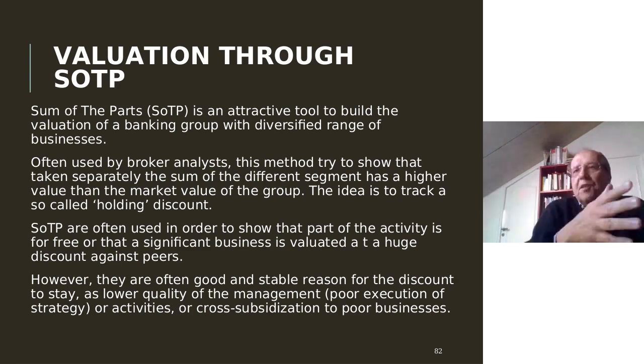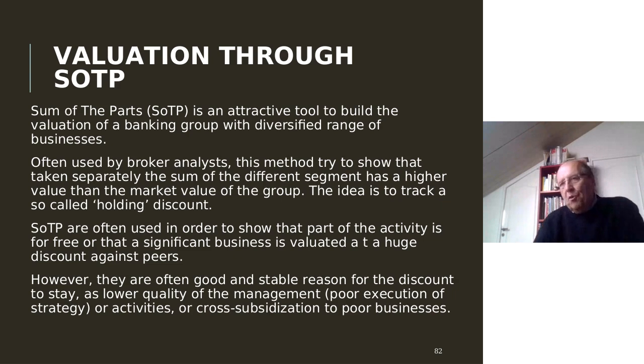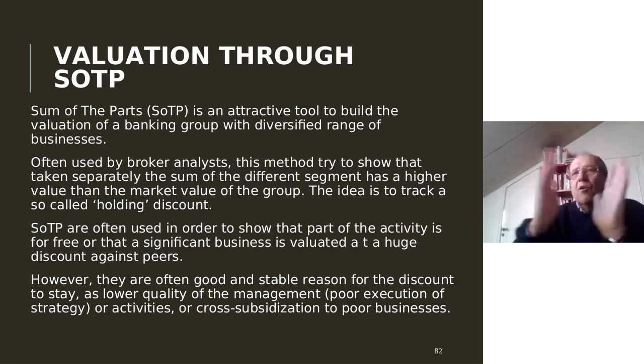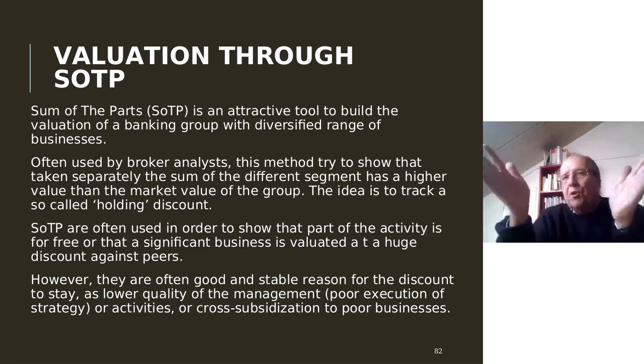If you take UBS, you can say UBS is a Swiss bank, UBS is an investment bank worldwide, and UBS is a wealth management bank. And you can combine the three, applying some metrics to make the valuation of each of the businesses and to say what is the value of that combination for my shareholders.